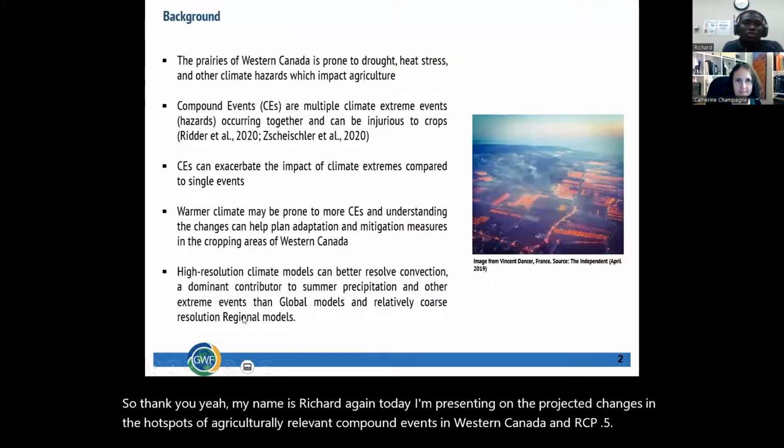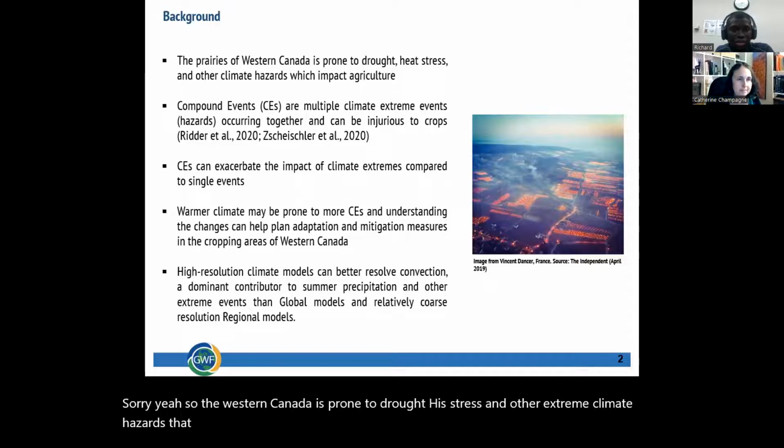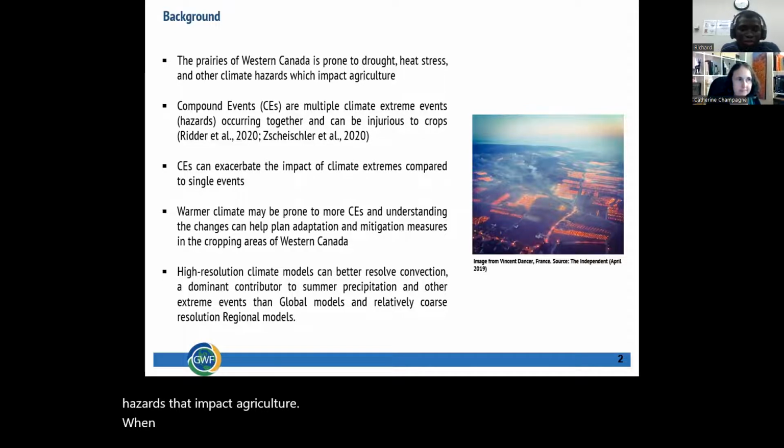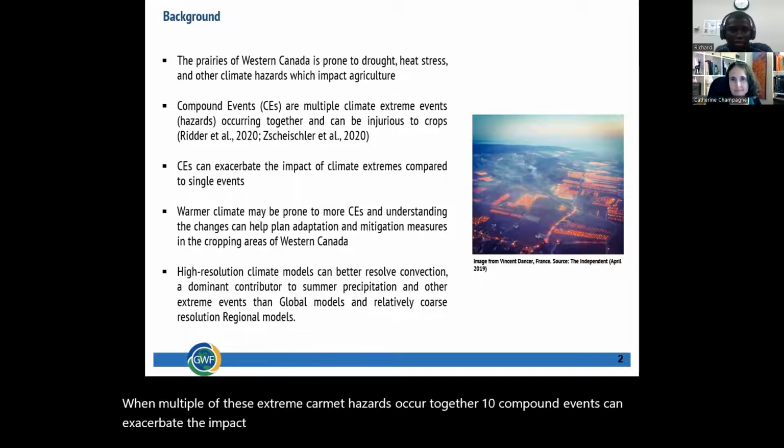Western Canada is prone to drought, heat stress, and other extreme climate hazards that impact agriculture. When multiple of these extreme climate hazards occur together, these compound events can exacerbate the impact of climate on crops.